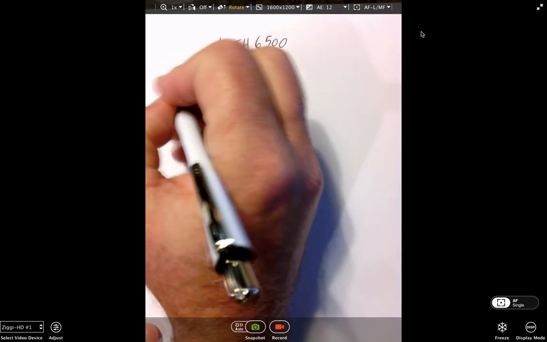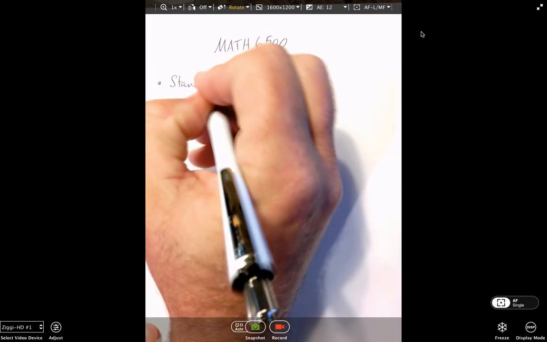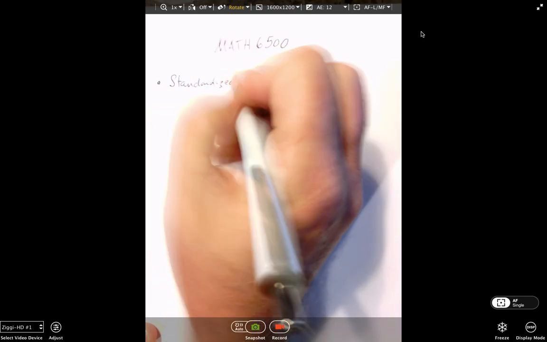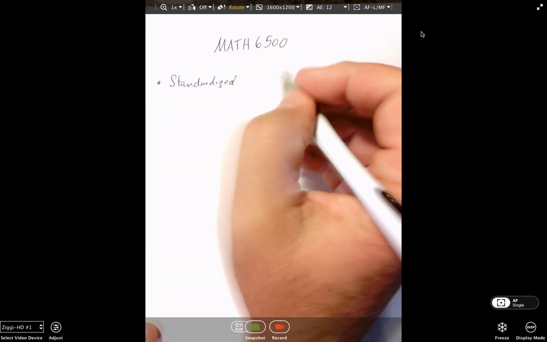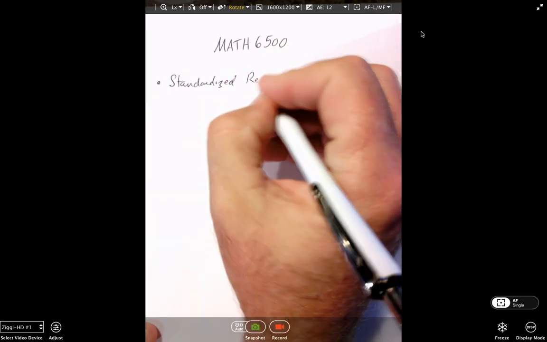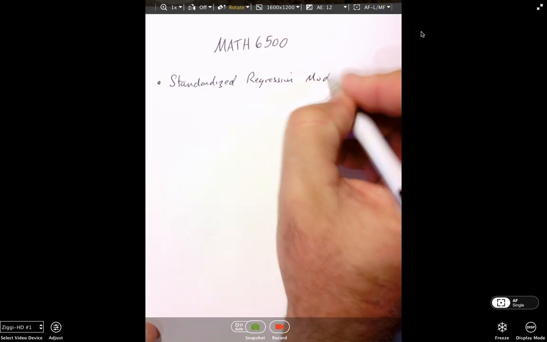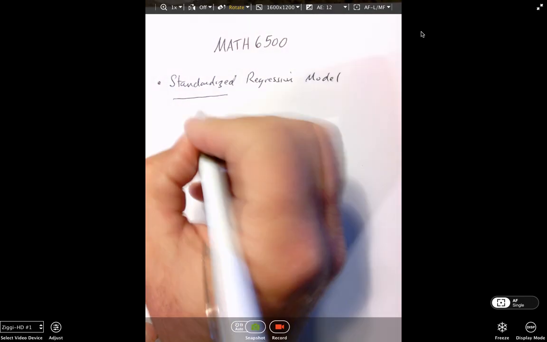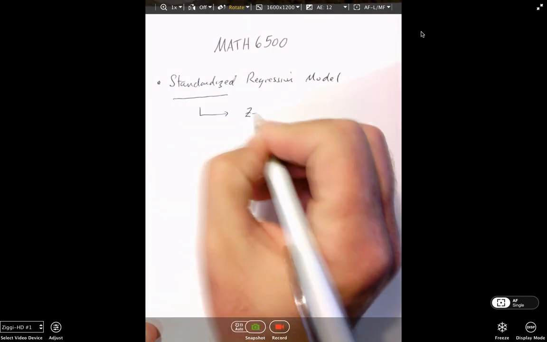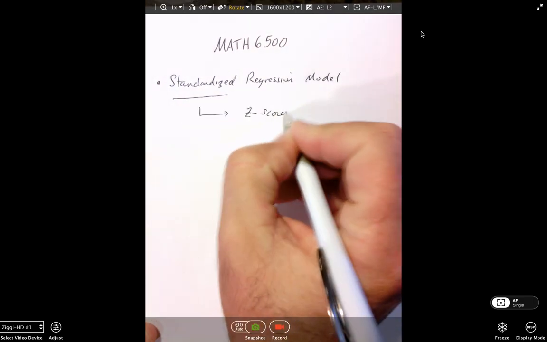What I want to take a look at today is what I call the standardized regression model. And guys, when I talk about standardized, at the end of the day, I want you to think about standardizing something in terms of looking at the z-scores.